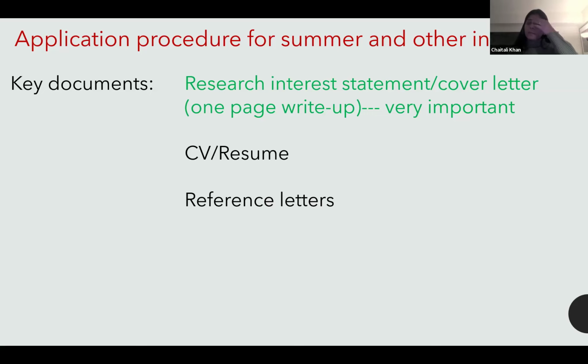That is very important because it tells anybody what your real interest is and why you are applying for any given program. And then, of course, you submit your CV and your reference letters. But since writing the research statement is one of the most important components of your application, paying more attention to it is good.